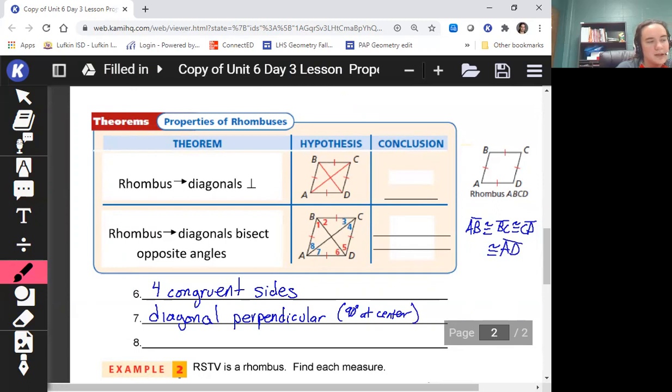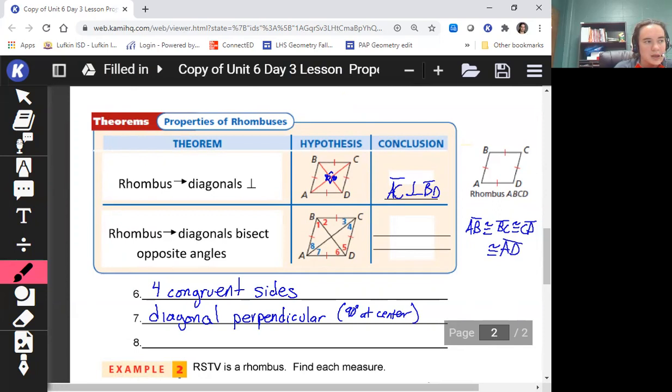So in our picture up here, segment AC is perpendicular to segment BD. So when you have a rhombus and you see the diagonals right there in the middle, put your right angles, because all 4 of those are right angles.